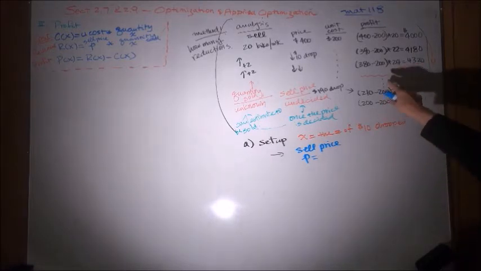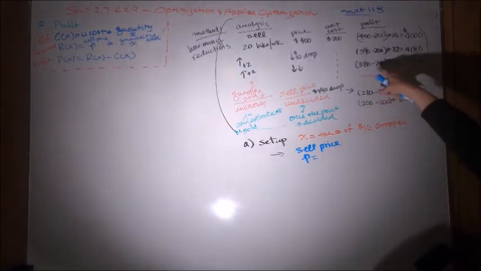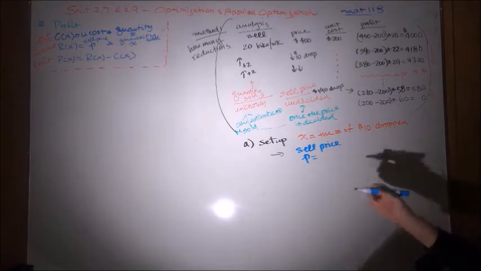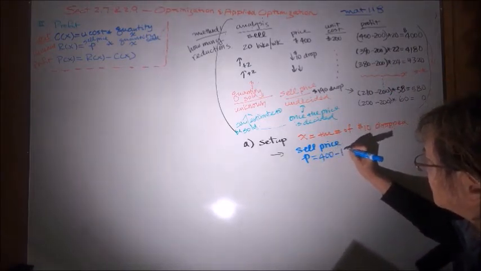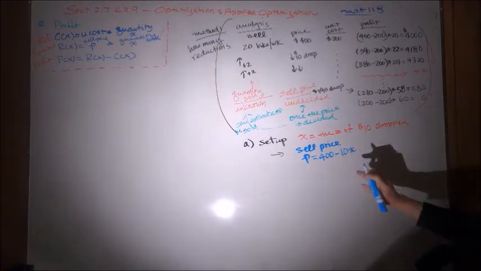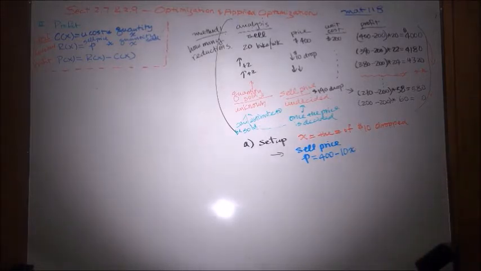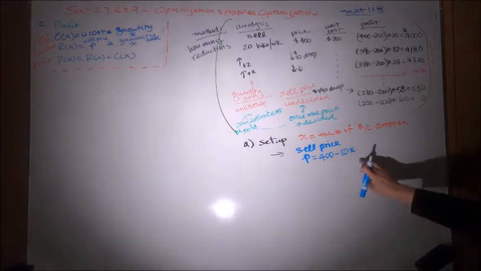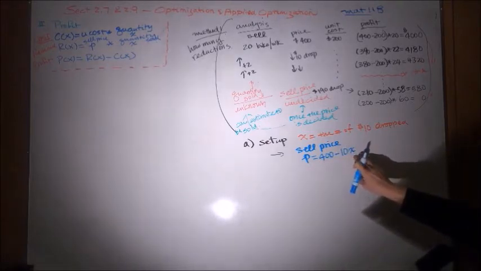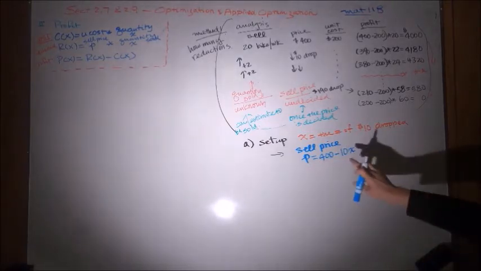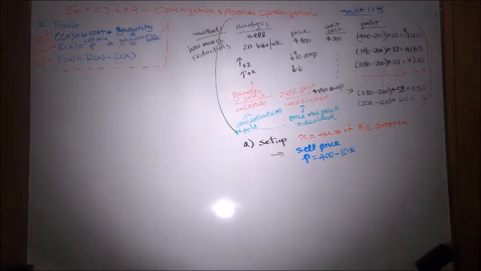One $10 drop will be a $10 discount, two will be a $20 discount. So it was $400 minus the $10 discount times how many discounts you are going to offer, right? So your price is according to that. Then that's your sales price.